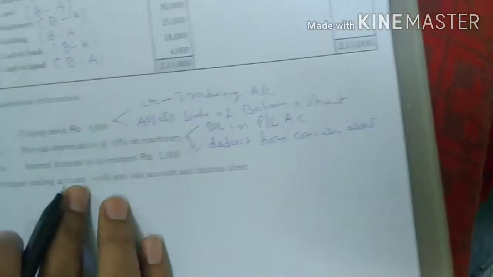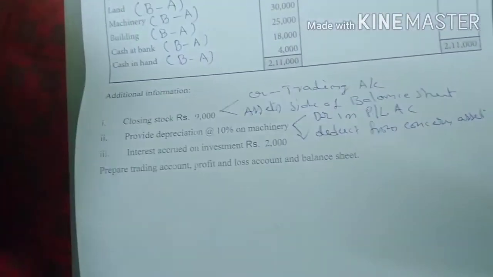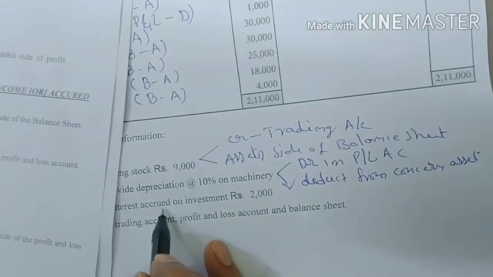Next comes interest on investment, 2000 rupees. So this interest is accrued interest.